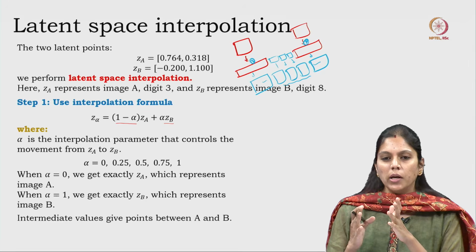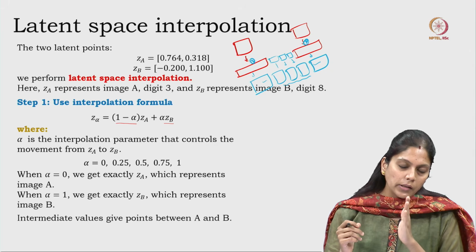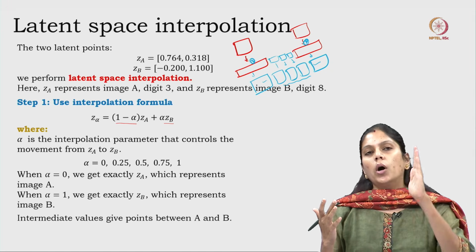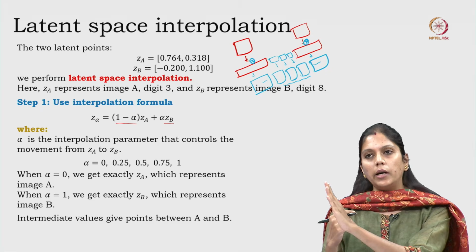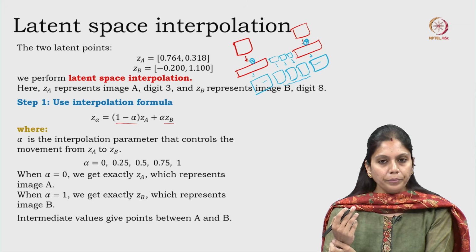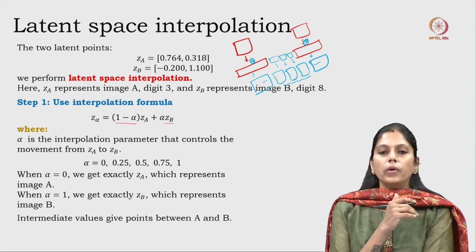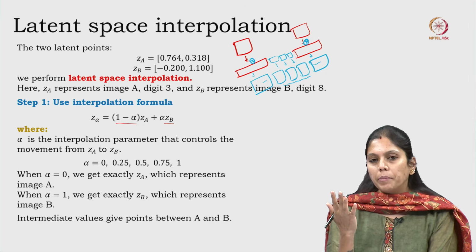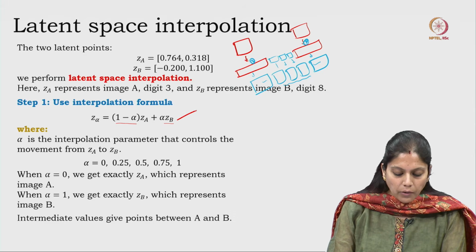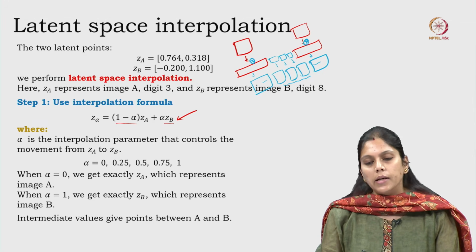In a very systematic way, you are moving from ZA to ZB, so that when you are moving from ZA to ZB, is it not we are getting the intermediate representations? Right, this is all about the interpolation. So now how are we doing it? We are taking both these latent representations and combining them. How are we combining? This is the formula that we have used, (1 minus alpha) ZA plus alpha ZB.